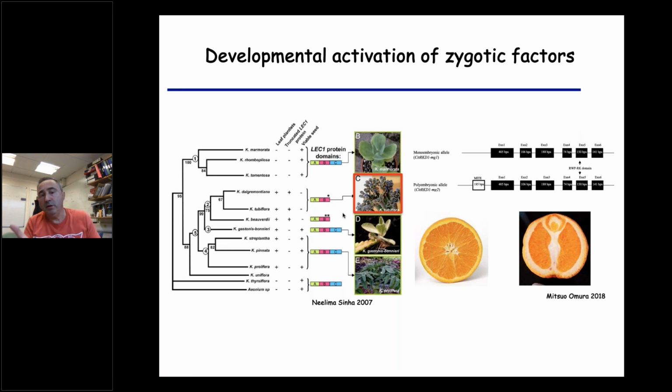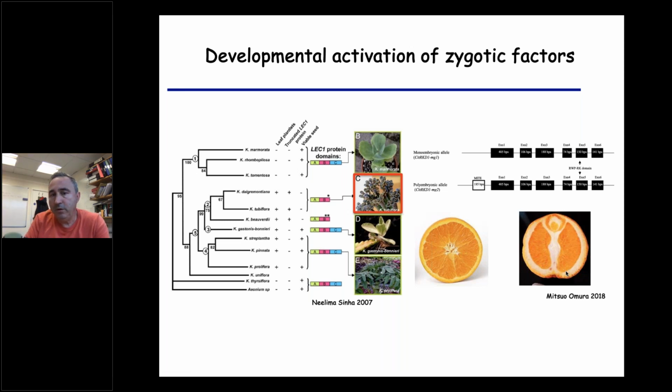And we know as well, and as you will see later, that the ectopic expression of these transcription factors in Arabidopsis and other plant species can induce organogenesis, the formation of somatic embryos, and this can facilitate the cloning of plants.